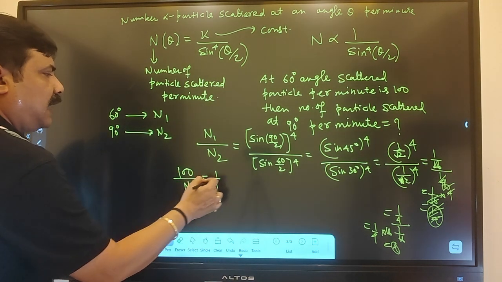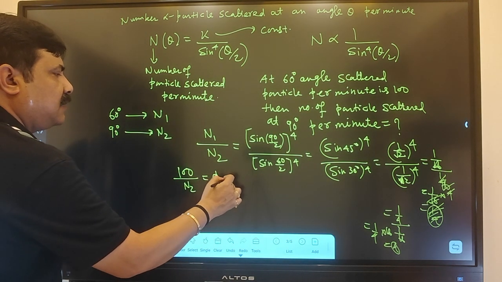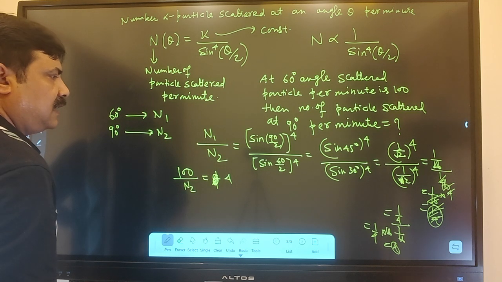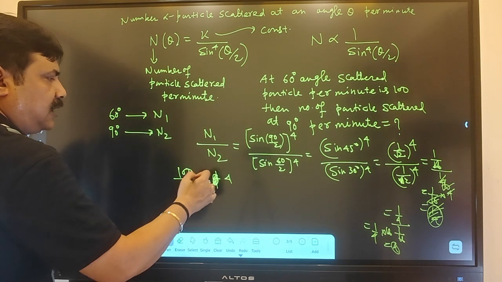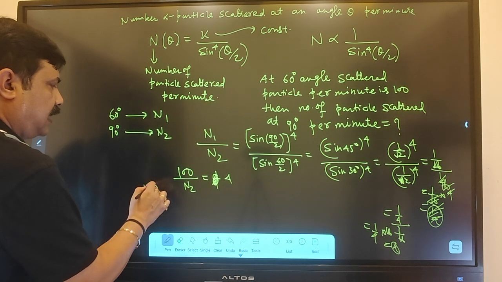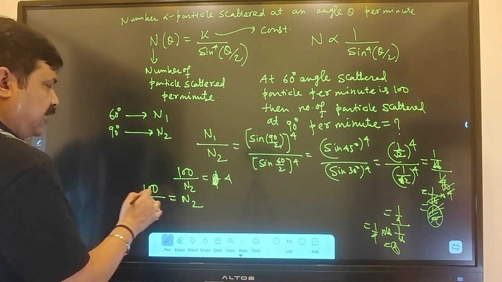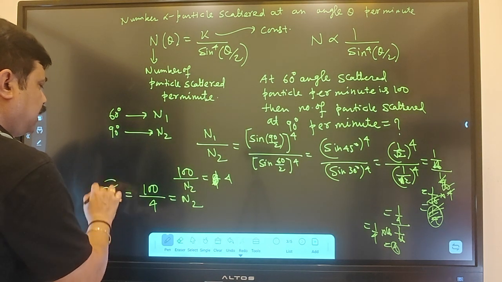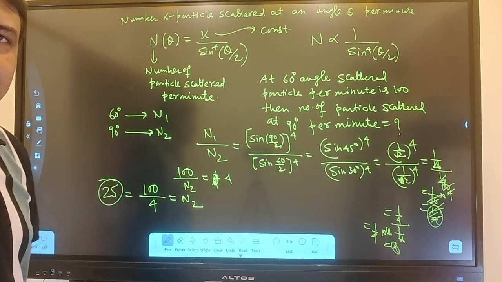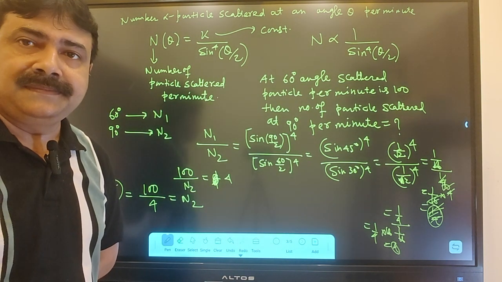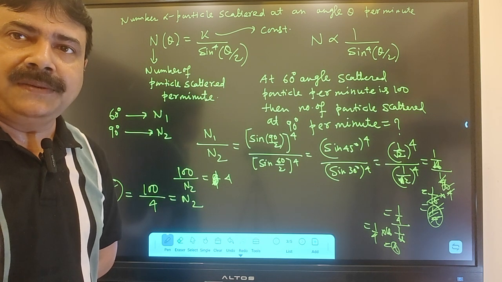Then 100 by N2 is nothing but 4. Then N2 will be equal to 100 by 4, which is nothing but 25. Then your answer will be 25. Is it clear, everybody?